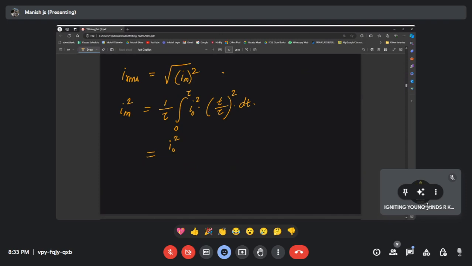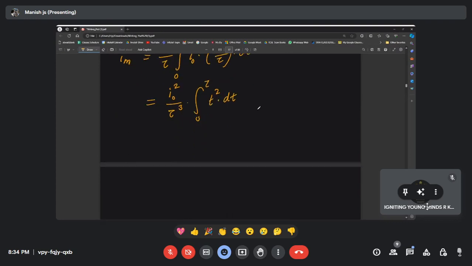Then the t square term will remain inside. But what about the tau square? 1 by tau square is also constant and can be taken out. That will get multiplied with the tau outside and become tau cube. So you get I naught square upon tau cube times the integration from 0 to tau of t square dt.